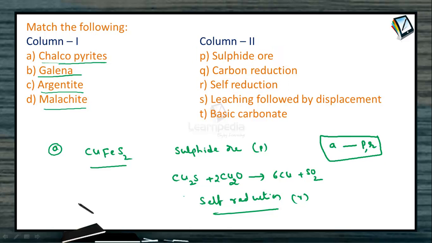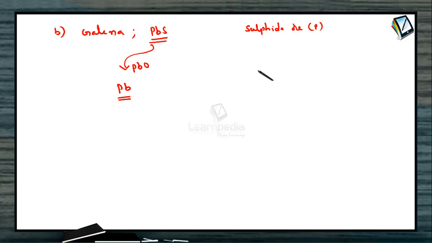Then we have galena. Galena is nothing but PbS, lead sulfide, and we know that lead sulfide during the roasting will be converted into lead monoxide. Lead monoxide undergoes self-reduction to give lead metal. Thus, it is a sulfide ore. Therefore, P is right, and it is also undergoing self-reduction, therefore R is right.